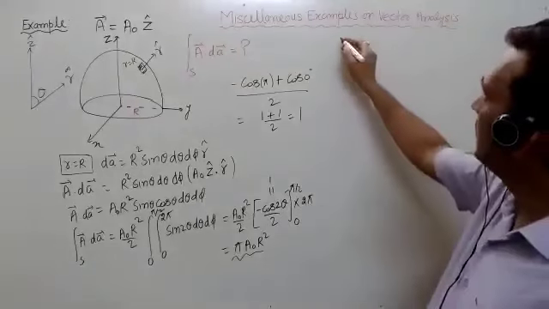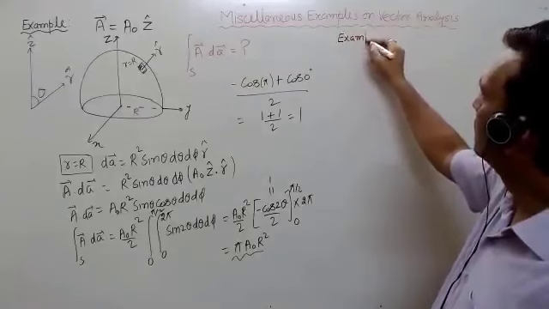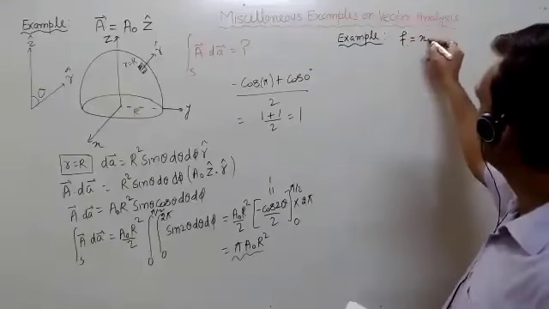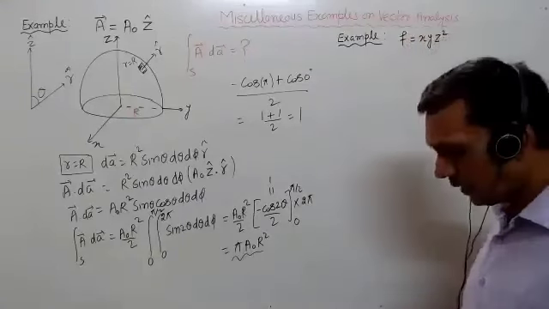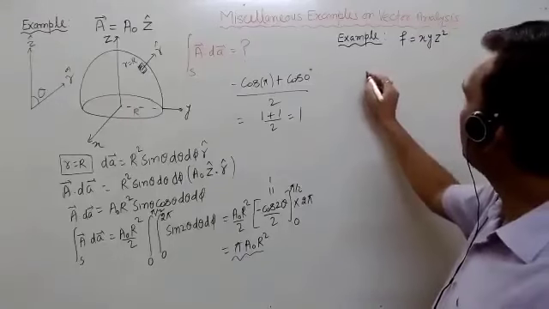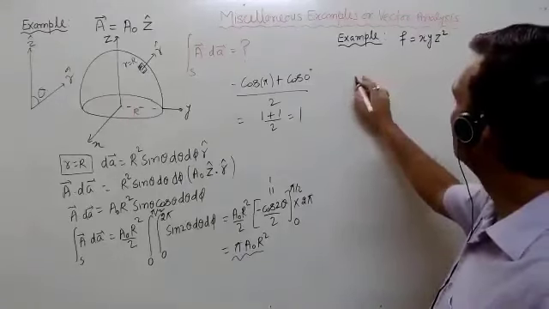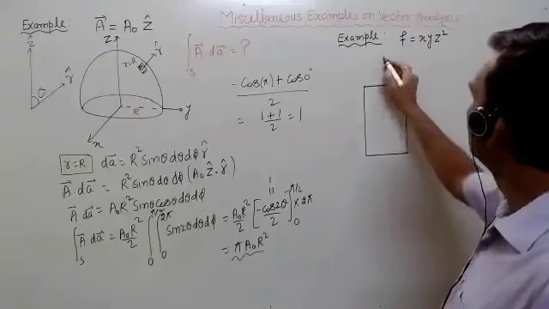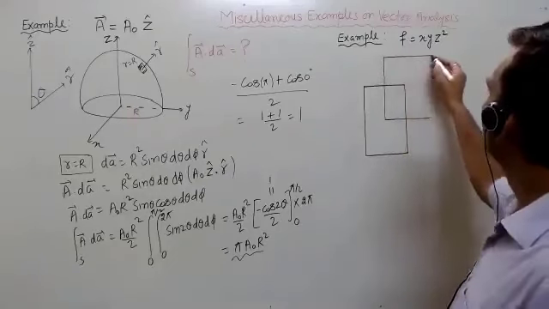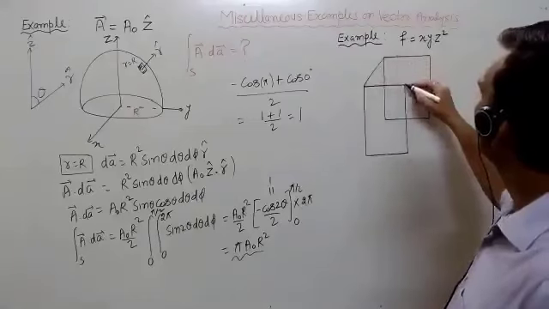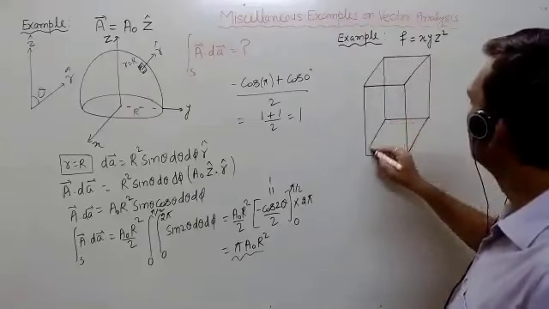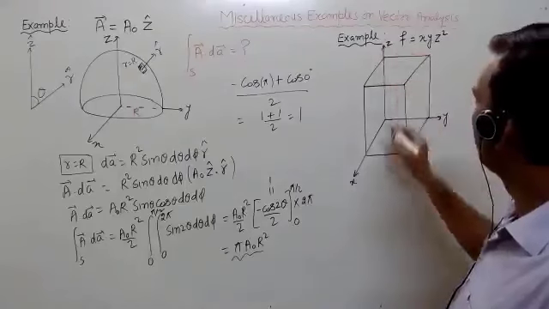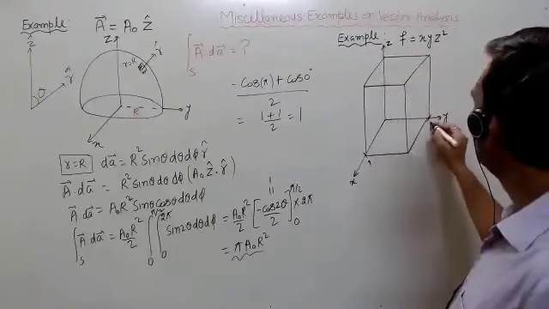Now let us see the next example. Let us take a scalar function given as x y z square, and you have two different volumes. This side is 1, this side is also 1.